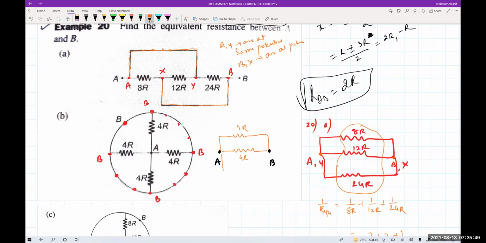Between A and B there is one resistance, this is 4R, and again between A and B there is one resistance here, also 4R. And all of them are in which combination now? Parallel. The effective resistance of AB will be 4R divided by 4, since there are four of them, and the 4 cancels. Effective resistance between A and B will be equal to R.